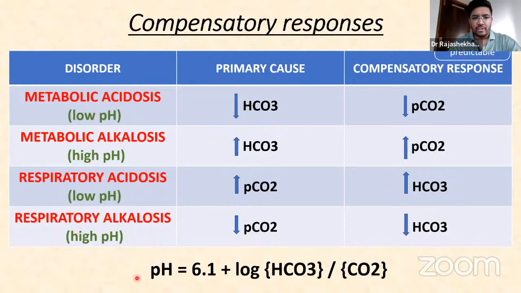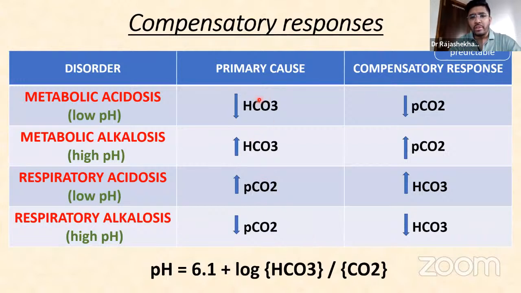In case of respiratory alkalosis, there is a CO2 washout. So the body tries to wash out the bicarbonate in the kidneys. If you can't remember this, the concept, as I told you, is that the pH is directly proportional to the log of bicarbonate over CO2.